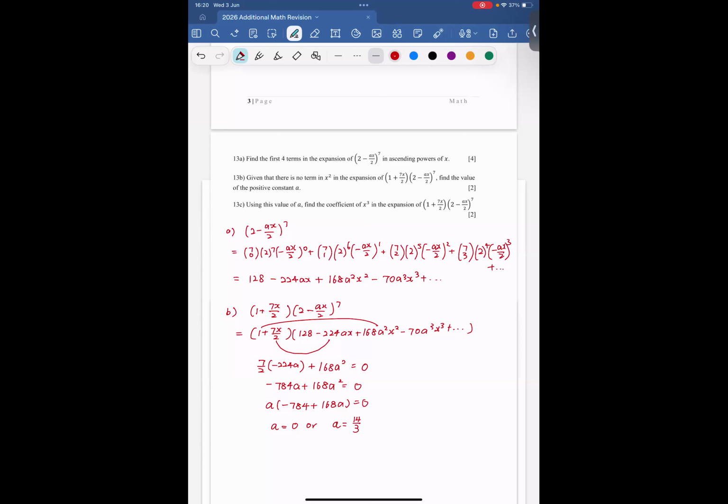It's not that you cannot have an ugly number, but it's not common to have. Okay, we just take it as this.